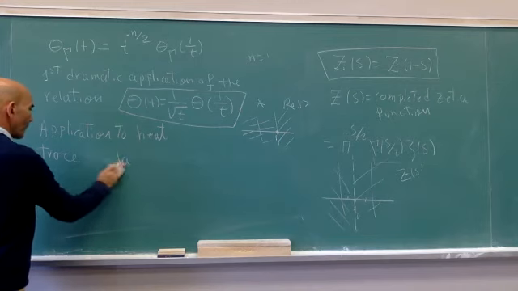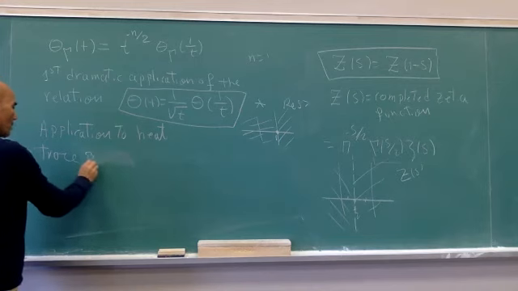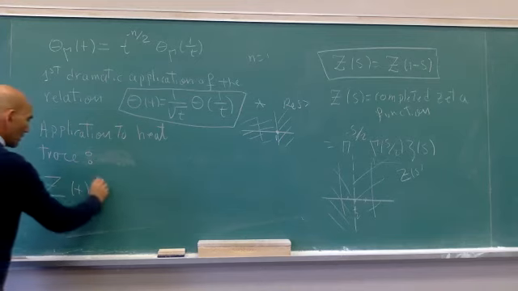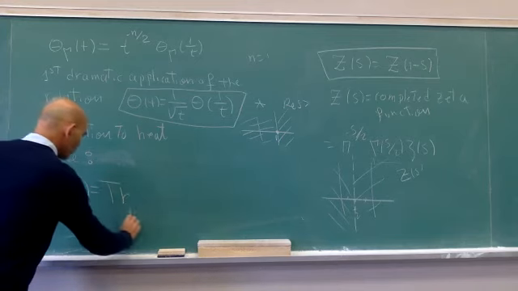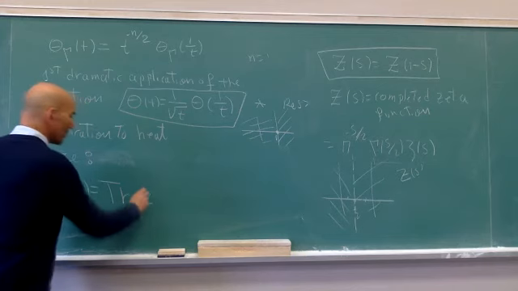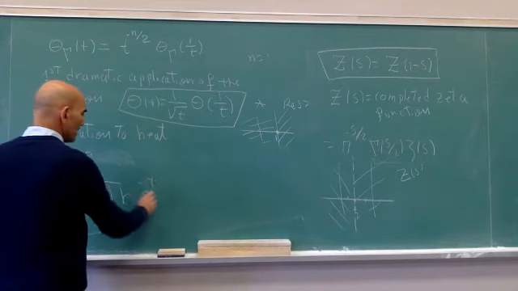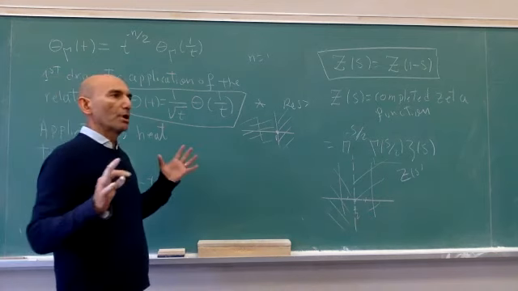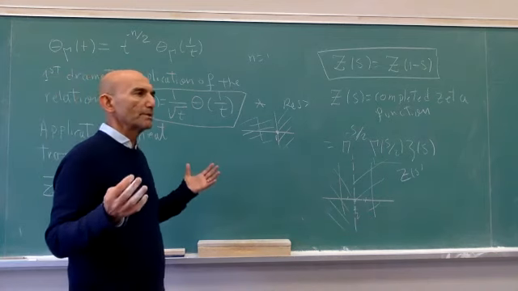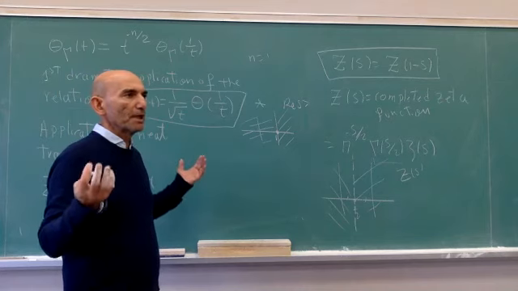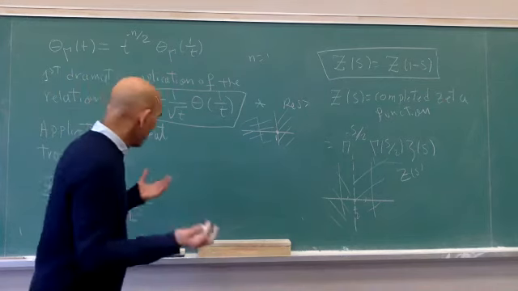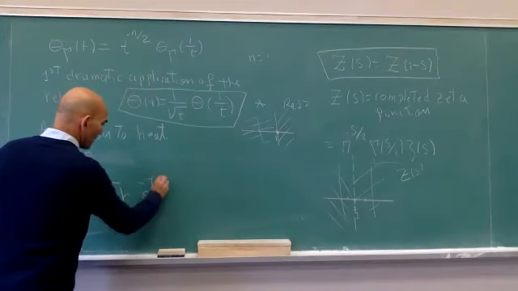Remember, the heat trace was Z(t) equal to the trace on L2 of the exponential of minus t times a general positive, self-adjoint elliptic operator. Now I just look at the Laplacian.